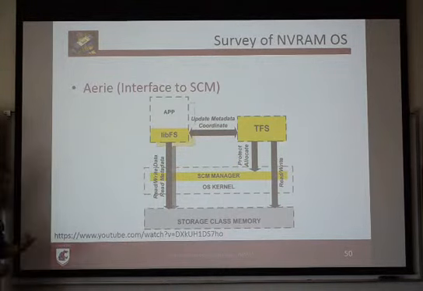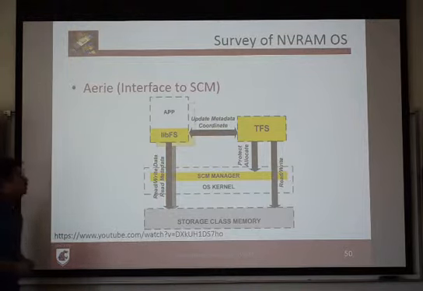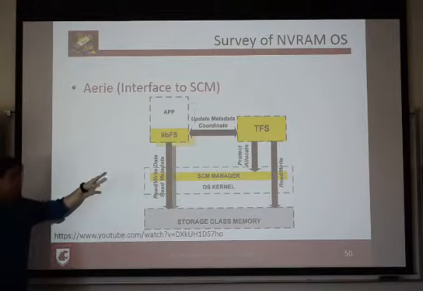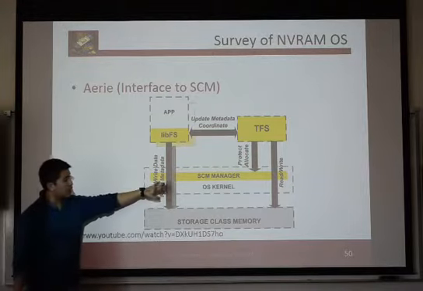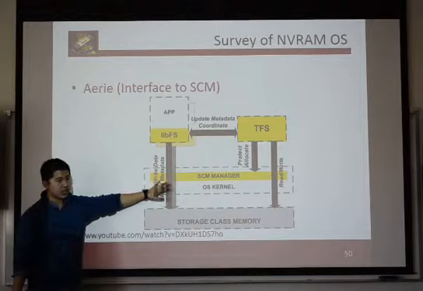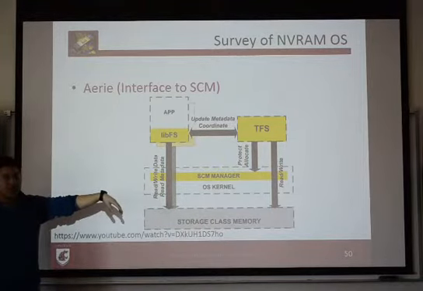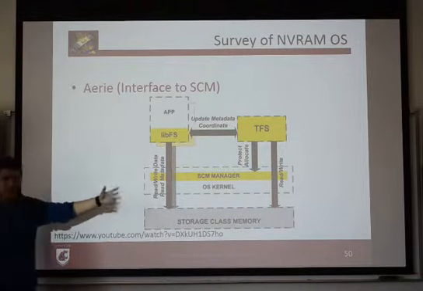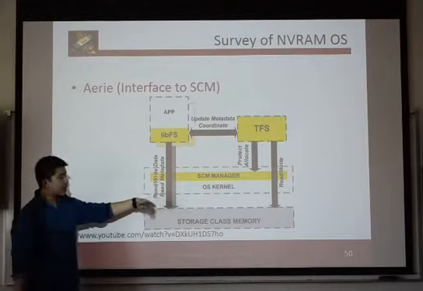So by doing this, you can have different file systems for your program's need. So sequential file system, a random access file system, big, small files, whatever fits your needs for your app. And there's this storage class memory manager, which is pretty much your virtual address manager and protection layer.